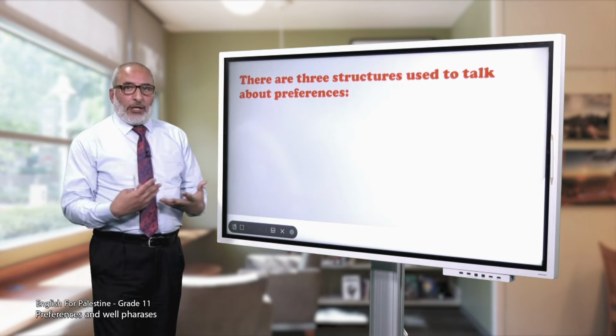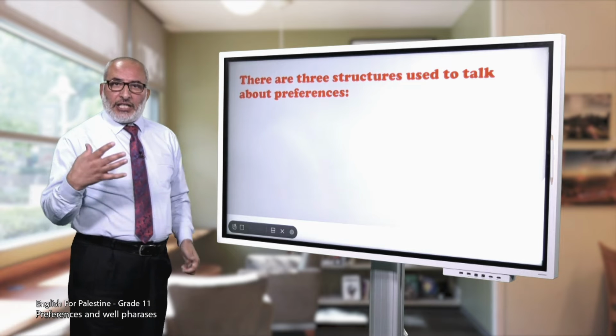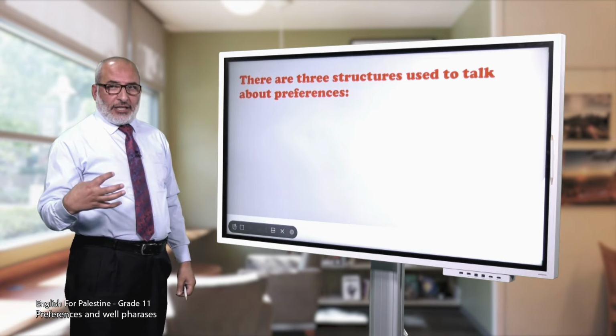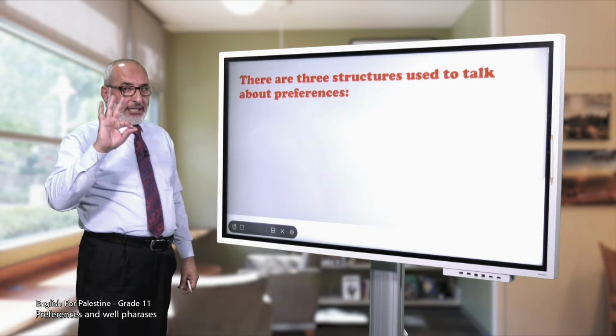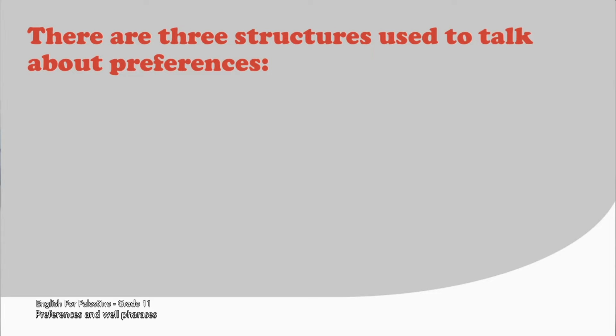do we use to talk about preferences? Actually, in English language, there are many structures, but today in our lesson, we're going just to handle 3 structures. Let's look at the first one.